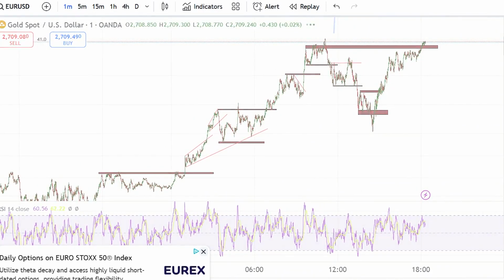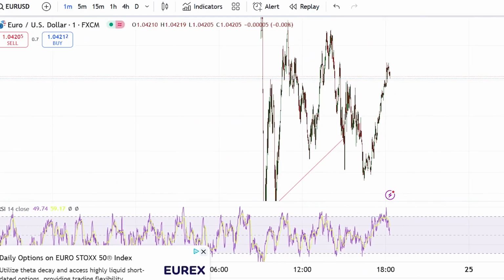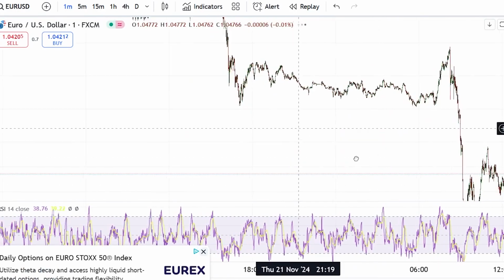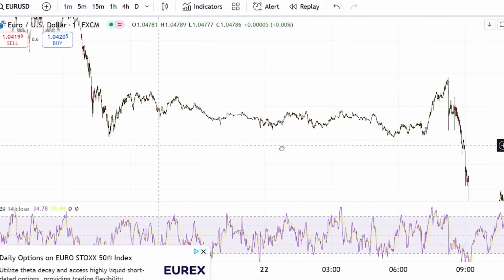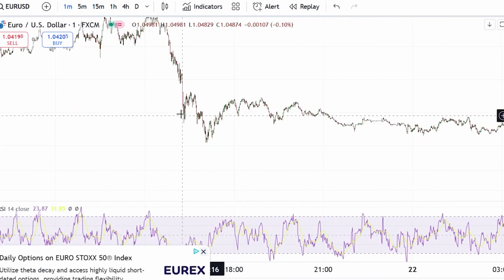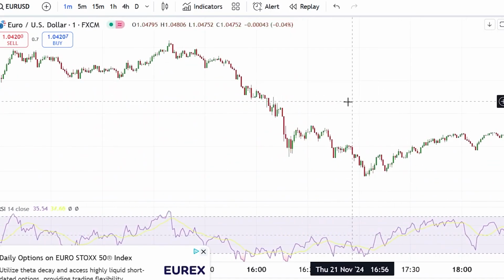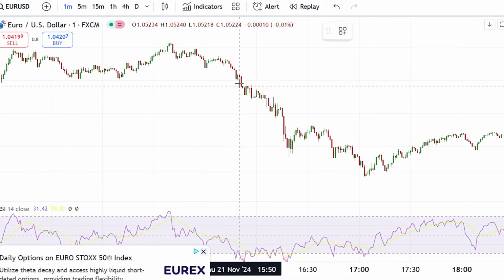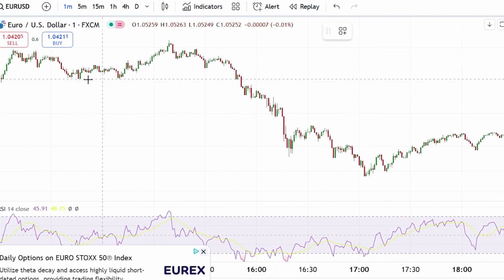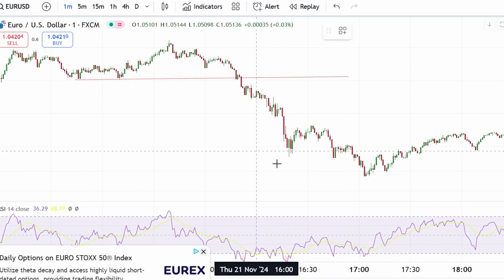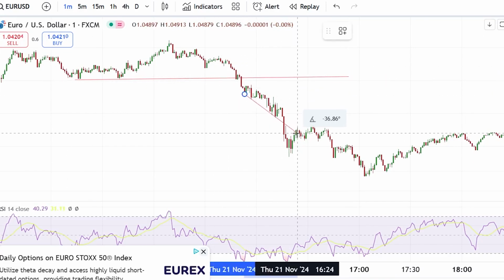Let's find them in other charts like USD, for example. Here, see, it's a spike. The spike is formed because here there is another spike. See this line broken by a spike, then the bottom line of the channel.